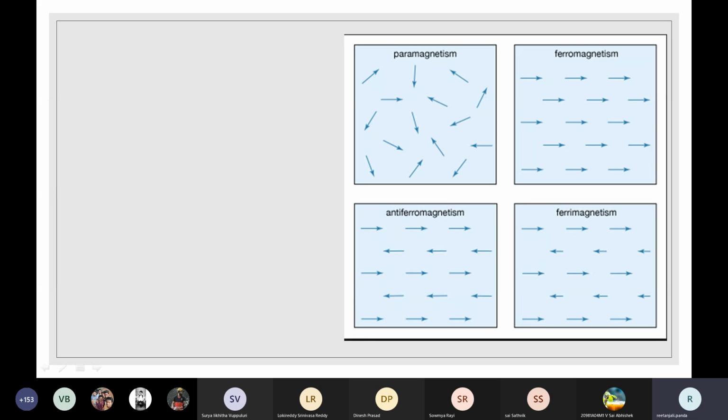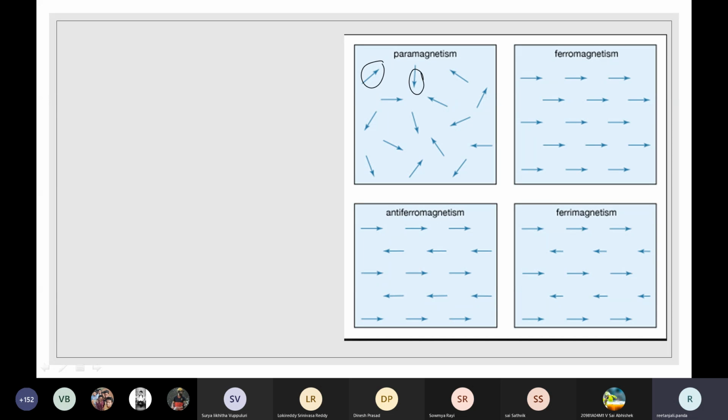These arrow marks that you can see are the directions of the magnetic dipole moments, and their orientation is random, but they will be parallel to the external magnetic field. This is a random arrangement of the magnetic dipole moment.